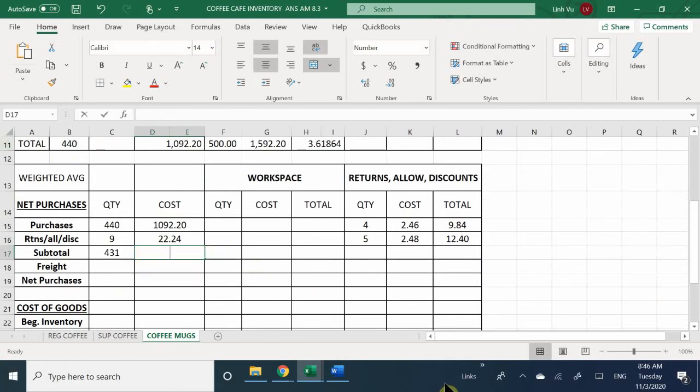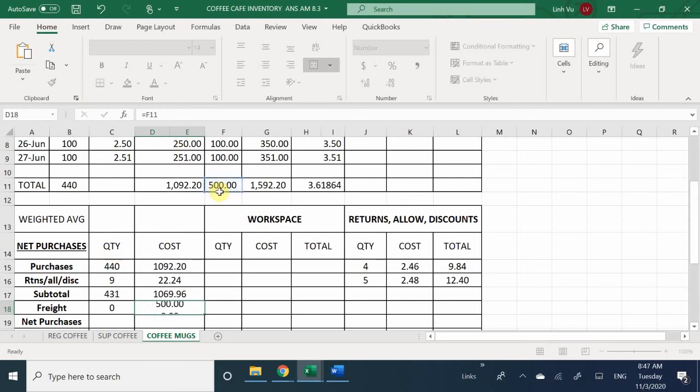So what is our grand subtotal? 1070. Oh, did you round up? It rounded. Okay, that's fine. 1069.96. We know freight doesn't add anything, but how much was the freight?